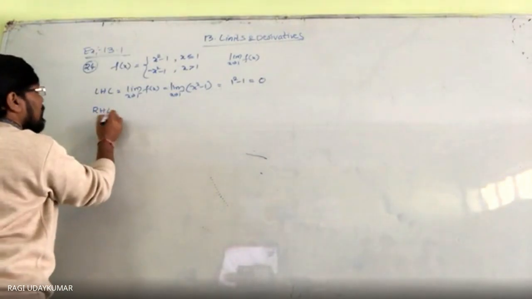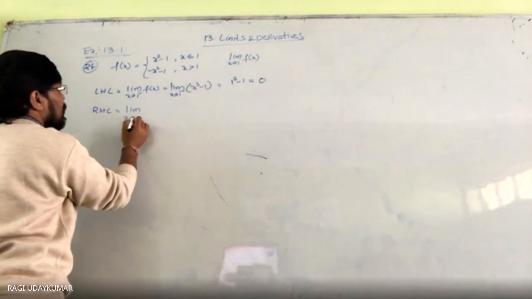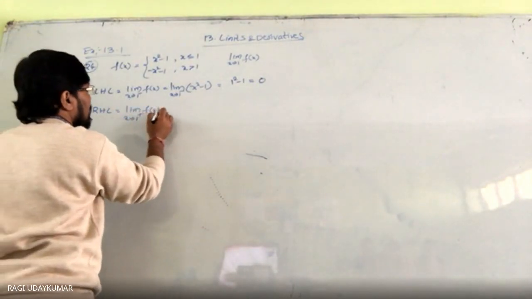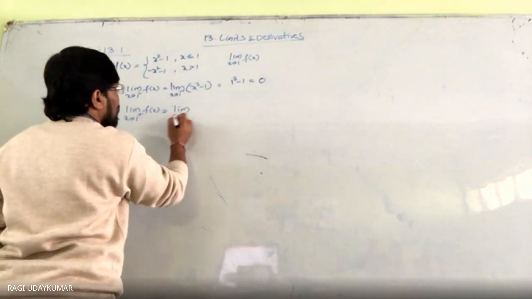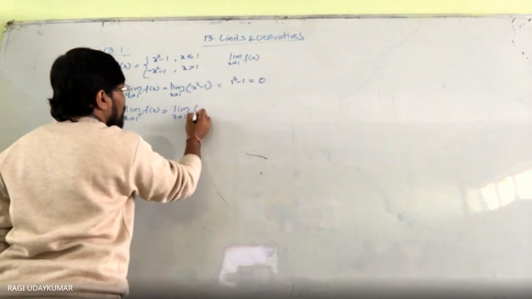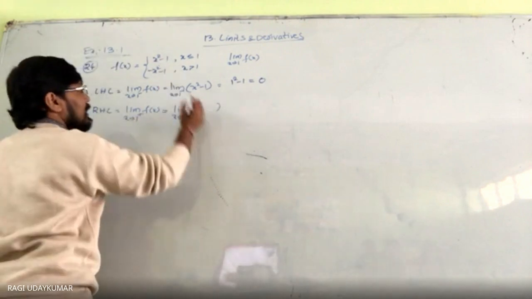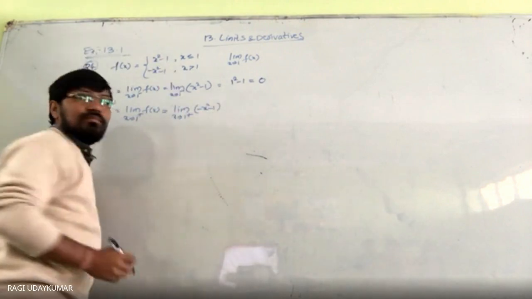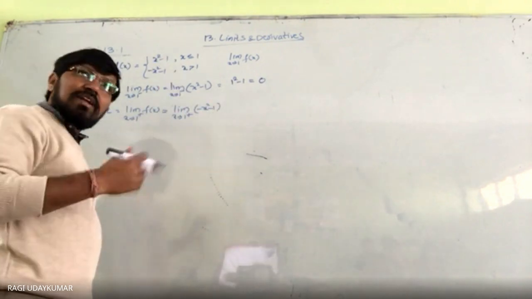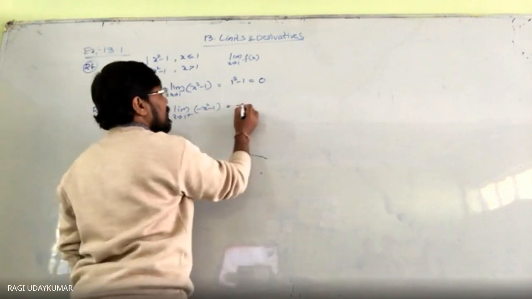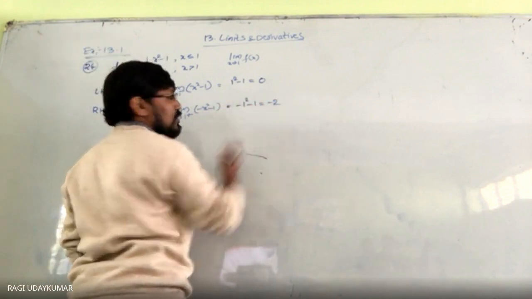And right hand limit, whenever you are taking limit x tends to 1 plus f of x, that is minus x square minus 1. So what to substitute here? 1 only you need to substitute here. If you are substituting 1, you are going to get minus 2.